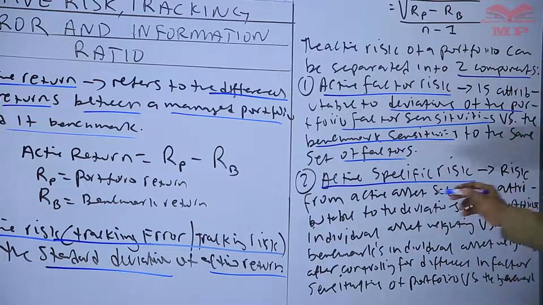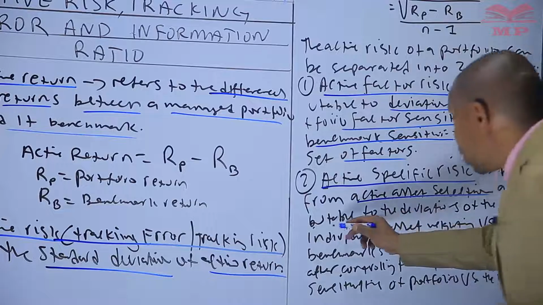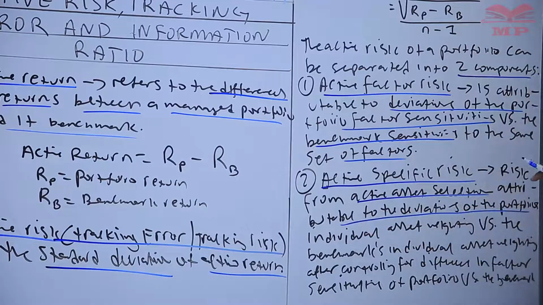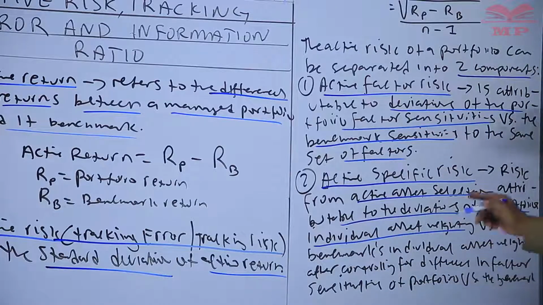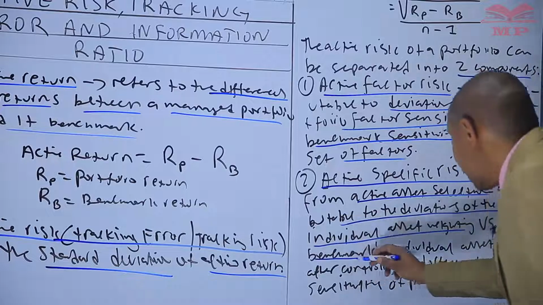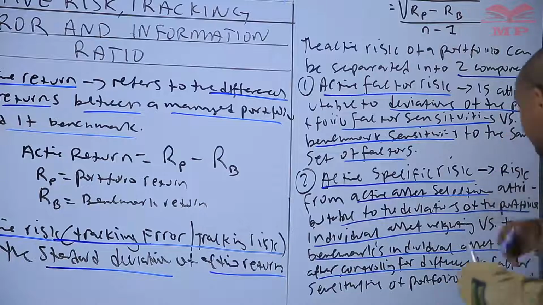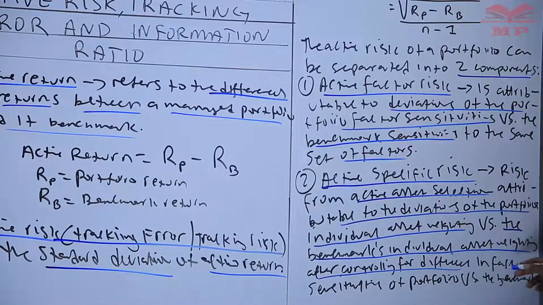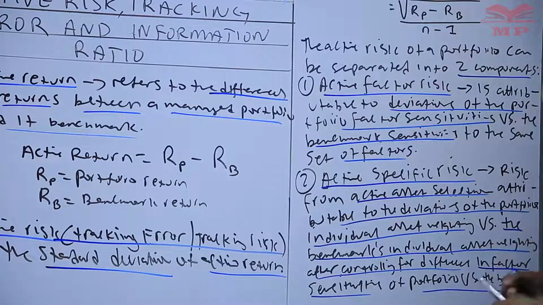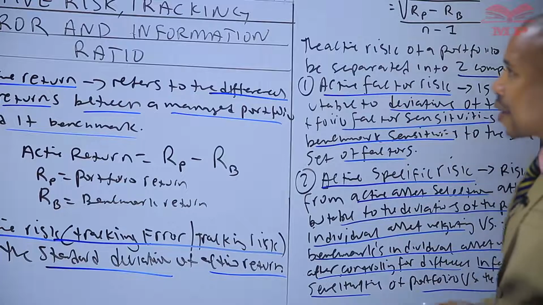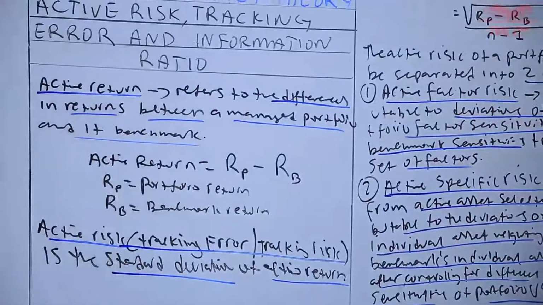We're saying that risk from active asset selection is attributable to the deviations of the portfolio's individual asset weighting versus the benchmark's individual asset weighting after controlling for differences, because there will be differences in factor exposures or factor sensitivities of the portfolio versus the benchmark. So having discussed that, we can move over to this other side and discuss something else.